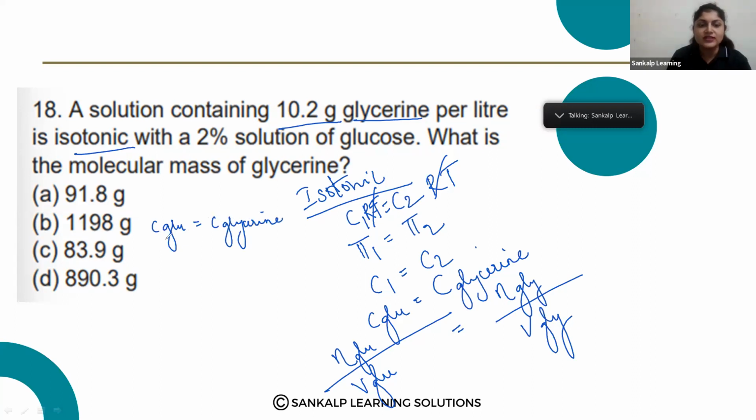Concentration is the number of moles of glucose upon volume of glucose, which equals the number of moles of glycerine upon volume of glycerine, right? So we'll just substitute this now. Till here it is clear.